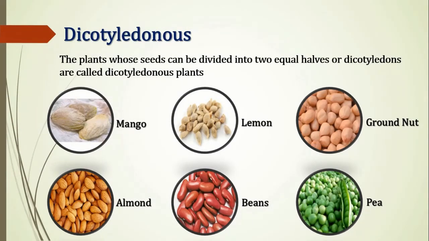Dicotyledonous, the plants whose seeds can be divided into two equal halves or dicotyledons are called dicotyledonous plants. For example, mango, lemon, groundnut, almond, beans, pea seeds.